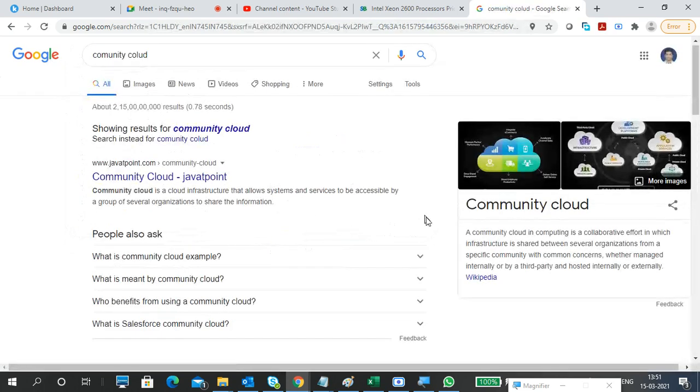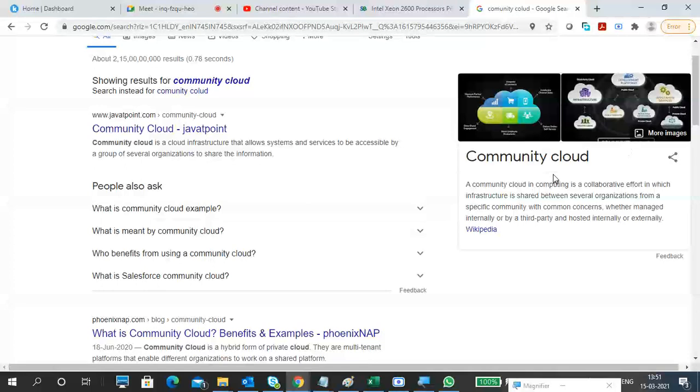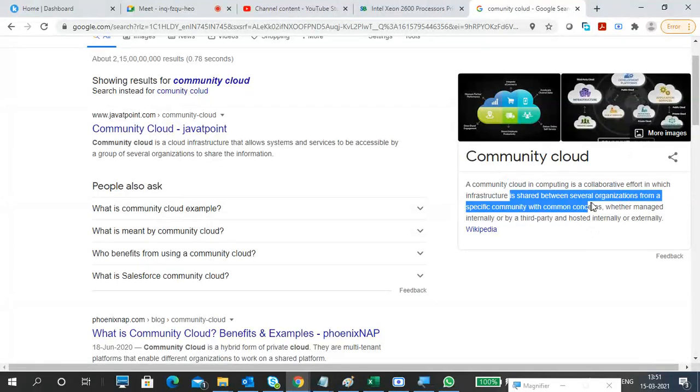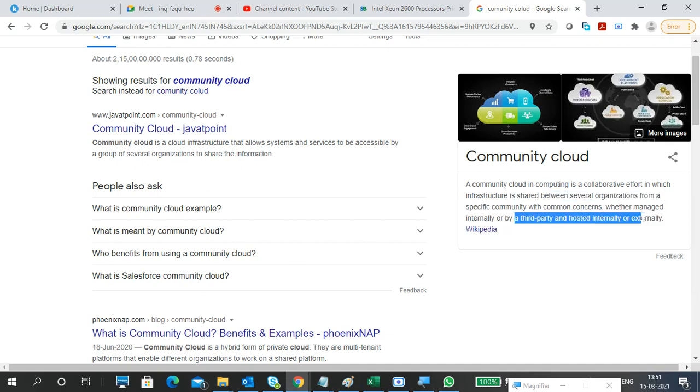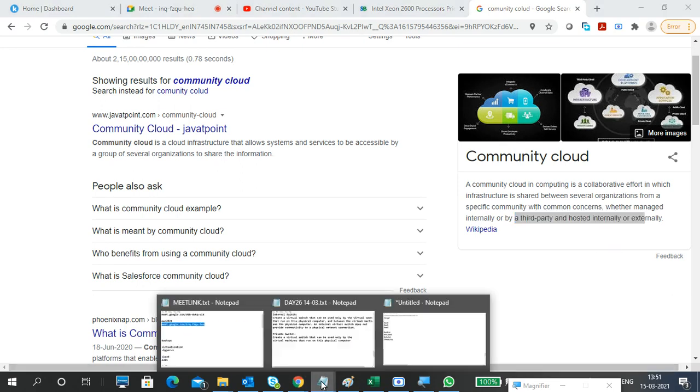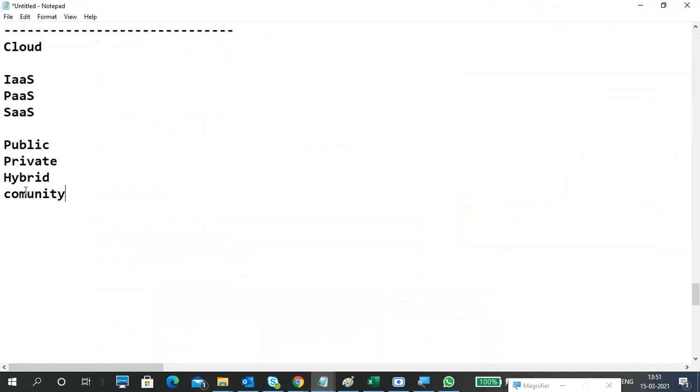Collaborative effect, where infrastructure is shared between several organizations from a specific community with a common concern, whether managed internally or third-party hosted, internal and external. You can type it if you have a doubt. I got only one doubt, whether it is 2 M's or 1 M. What is a community cloud?